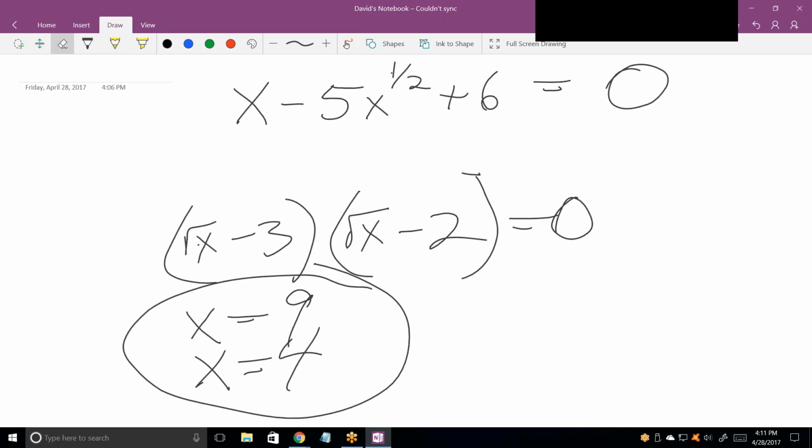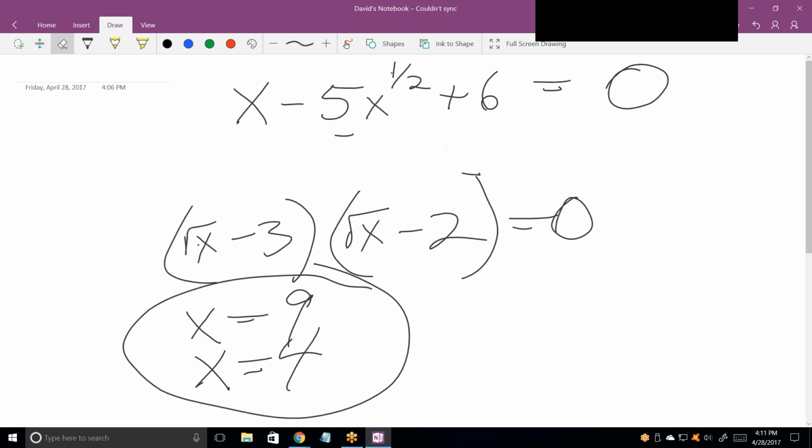Square root of x equals 3, therefore x equals 9. Square root of x equals 2, therefore x equals 4. And I believe that both of these work. 9 minus 5 times 3 plus 6 indeed equals 0.